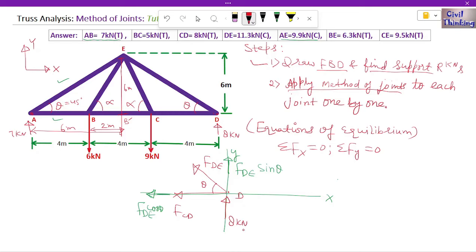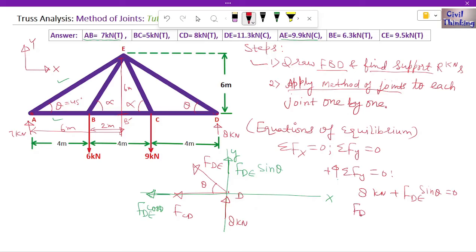Now we have this 8 kilonewton in the y direction, so we will first apply this equation. Summation of Fy equal to 0, assuming upward forces are positive. Now 8 kilonewton is upward, so this is 8 kilonewton. FDE sine theta is upwards, so this is also positive, so all of it is 0, because these are the only forces in the y direction.